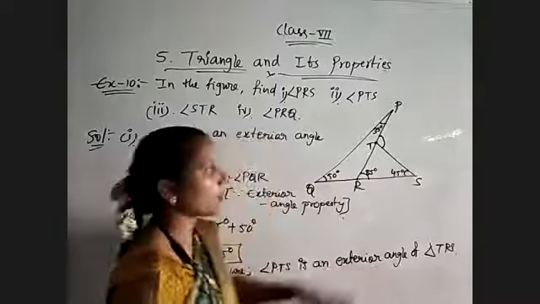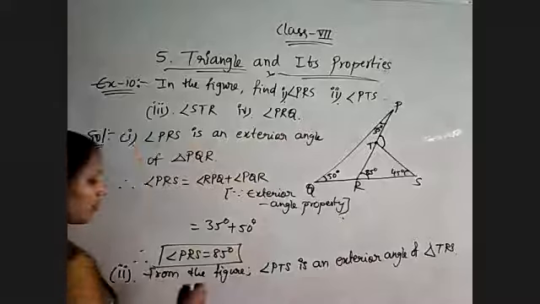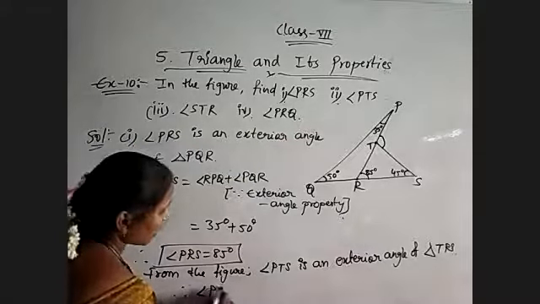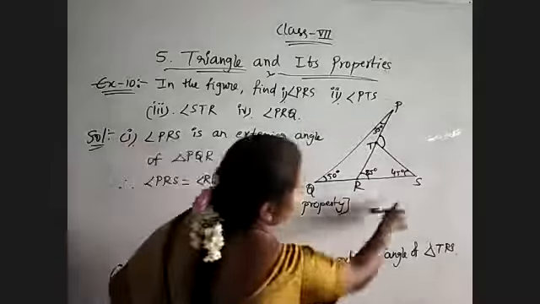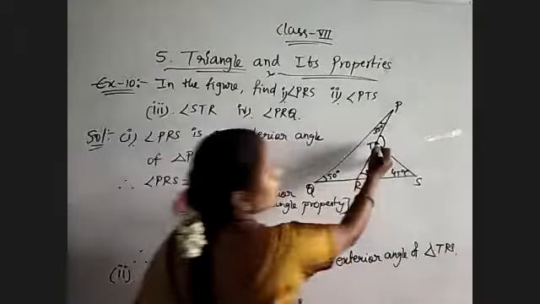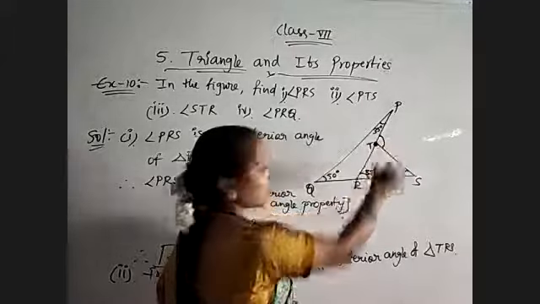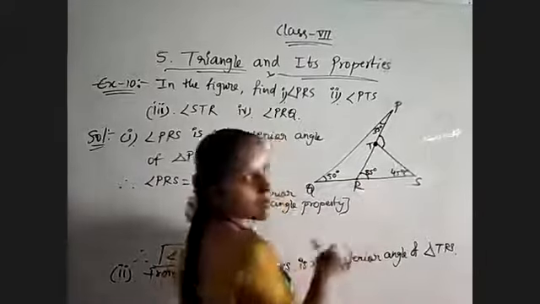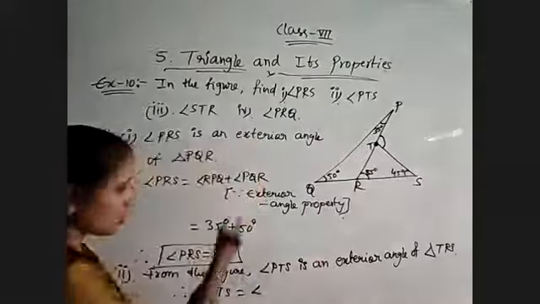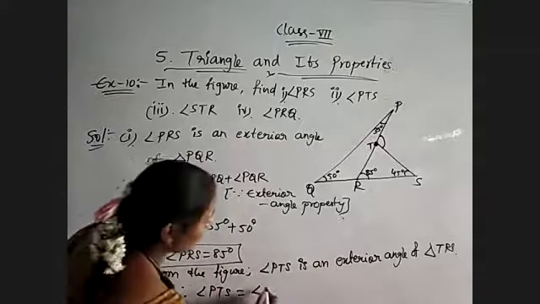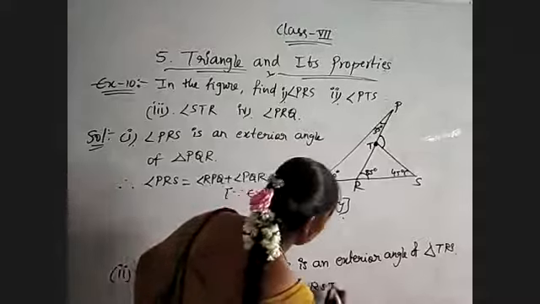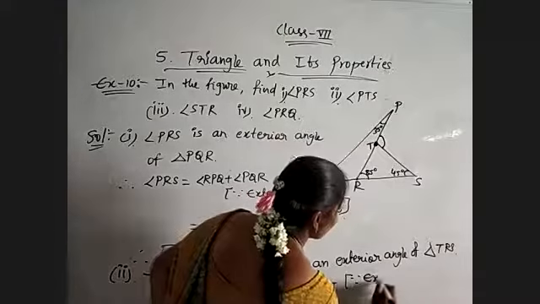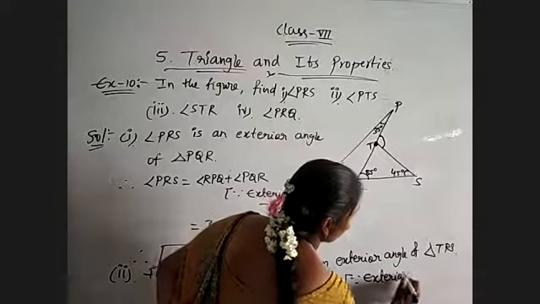So use the exterior angle property. Therefore, angle PTS is equal to the sum of two opposite angles. At T we are having the exterior angle. Angle R plus angle S we must take. Understand? So angle PTS is equal to angle TRS plus angle RST, since from the exterior angle property, again we are using the exterior angle property only.